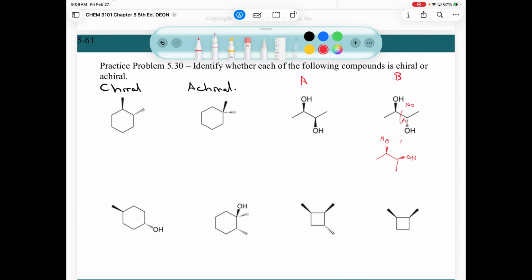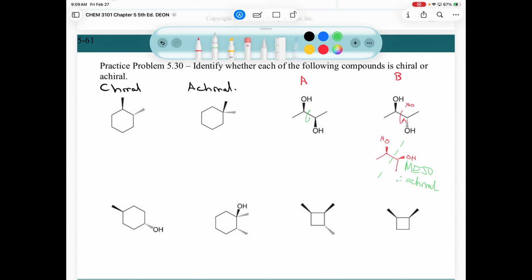What kind of compound is this? Anybody? It's a meso compound, right? Maybe I'll use a dashed line. If I put a dashed line through it, this is meso, and meso is achiral by definition. It's never chiral.